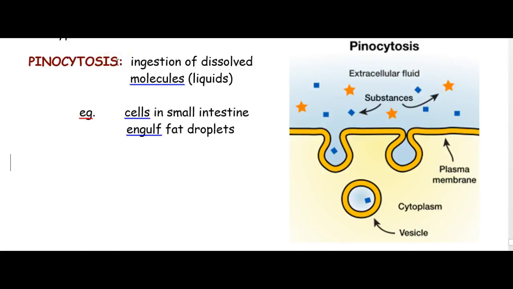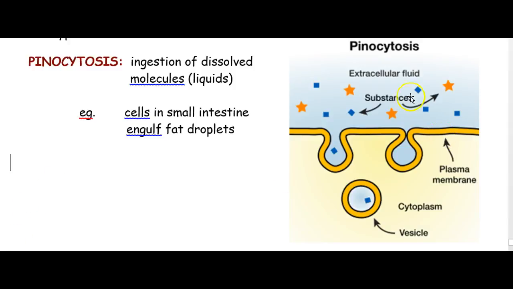Okay, pinocytosis is the ingestion of dissolved molecules, so essentially solutions or liquids. A great example of this occurring in our body is in the small intestine, where cells that line the small intestine engulf fat droplets so that we can break them down for energy.